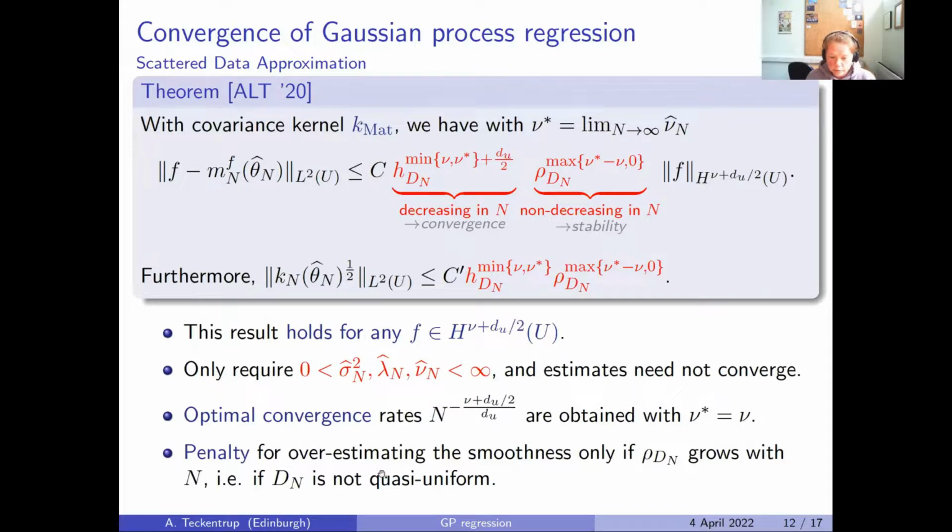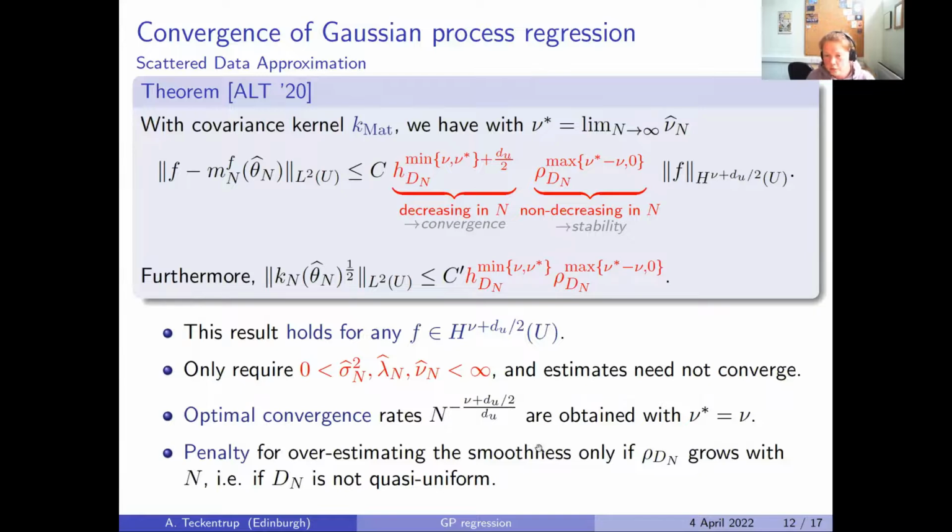There is a penalty for overestimating the smoothness only if this mesh ratio grows with n. So if you don't have quasi-uniform points, if you have points which are very close together, then you can get some stability issues there, right? Essentially what overestimating the smoothness corresponds to is choosing a prior that is too smooth.